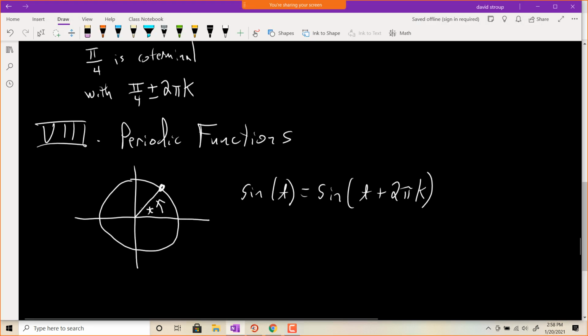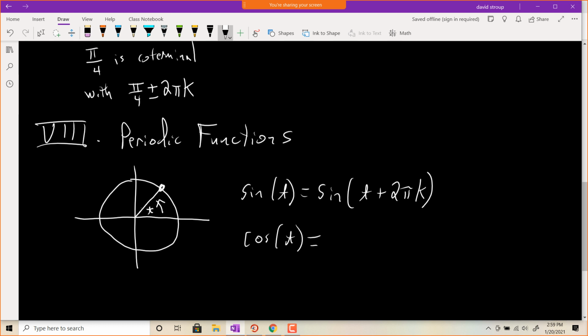Yeah, so these guys are equal to each other. Cosine will work the same way. The only problem with this thinking is maybe you think then tangent will work the same way. It turns out tangent isn't going to work that way.